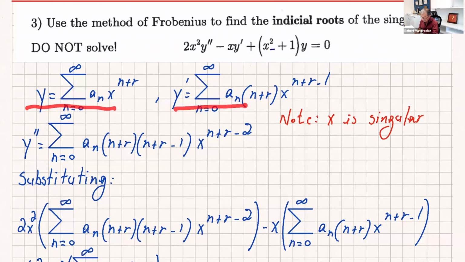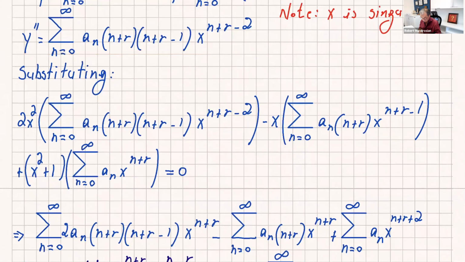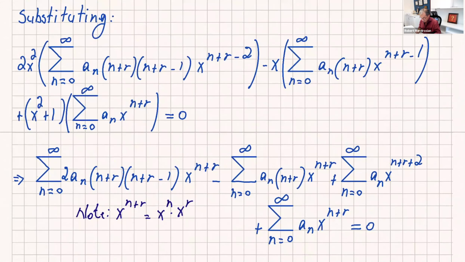Why is that? Take the derivative, same thing, power rule, take the second derivative, and go ahead and substitute into the original equation. This is a lot of algebra work, and simplify. First of all, x squared times that is just x to the power of n plus r.